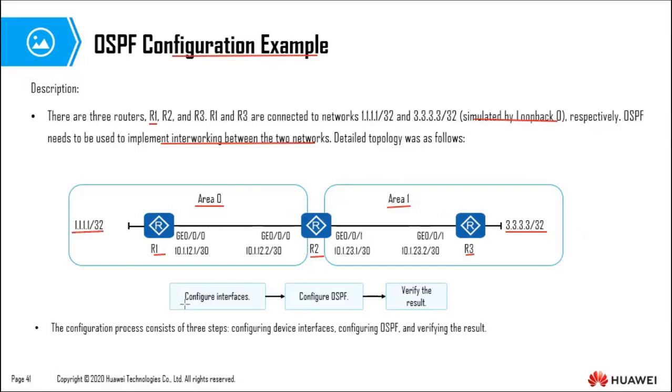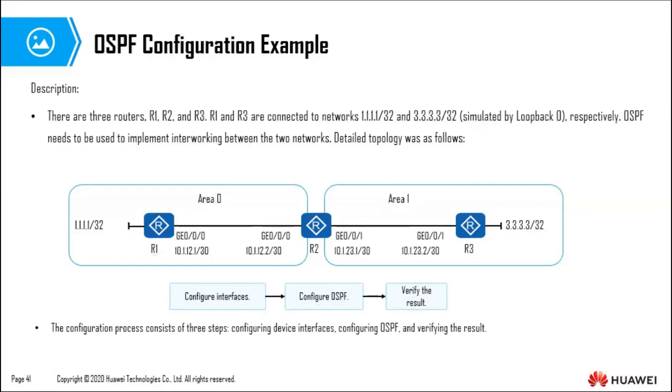Okay, so the configuration steps. Step number 1, we configure the IP addresses and the mask, and we also configure the loopback interfaces, right? Loopback 0. Then after that, we configure OSPF. And lastly, in the configuration process, we verify the results by maybe using a ping.